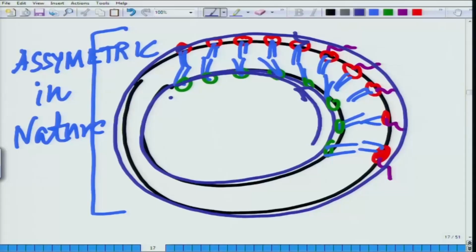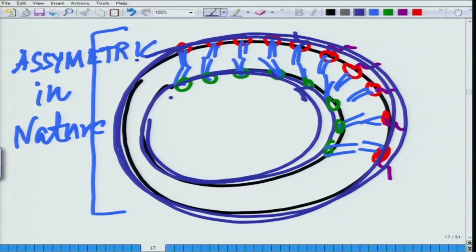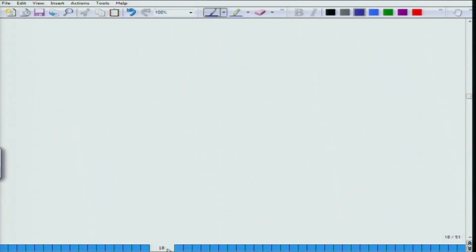The properties here are different from the properties outside, and there is one more feature which is very critical in this structure.